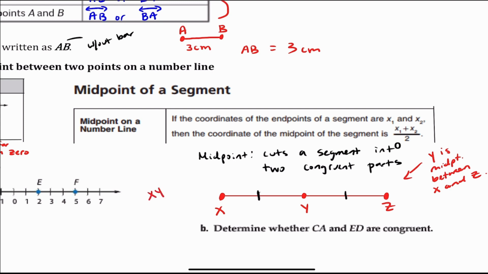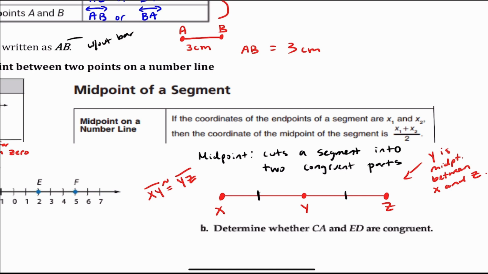So segment XY is congruent to segment YZ, which is the result of having a midpoint. It splits the segment into 2 congruent halves. Segment XY is congruent to segment YZ is me speaking in the language of geometry. If it still doesn't make sense, anytime you see the congruent symbol, it means you are in the language of geometry.